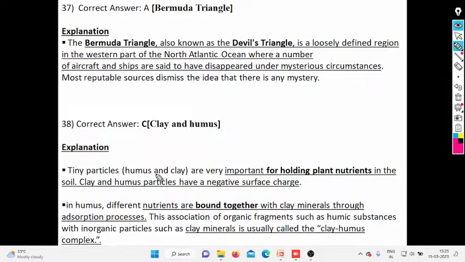Clay, the tiny particles, and humus are very important for holding plant nutrients in the soil. Clay and humus particles have a negative surface charge. In humus, different nutrients are bound together with clay minerals through adsorption processes.